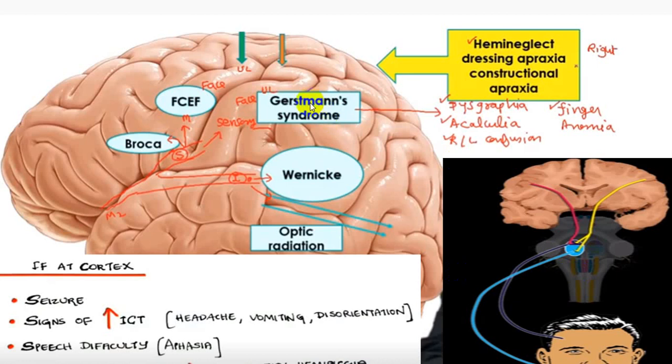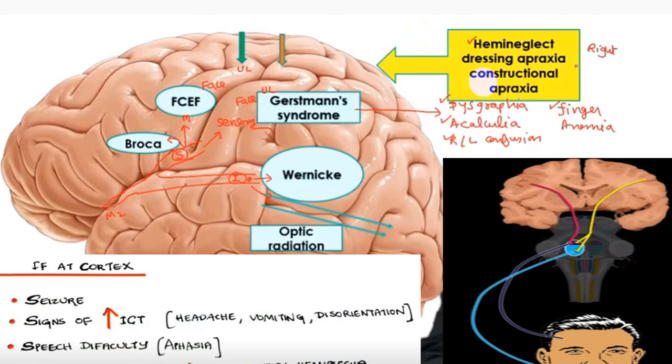And if you get damage to this area, you will end up with Gerstmann syndrome. If there is damage to the non-dominant hemisphere, you will have hemineglect, dressing apraxia, constructional apraxia, and the person will also have alexia, agraphia, or acalculia.